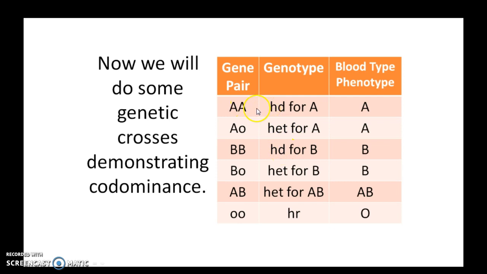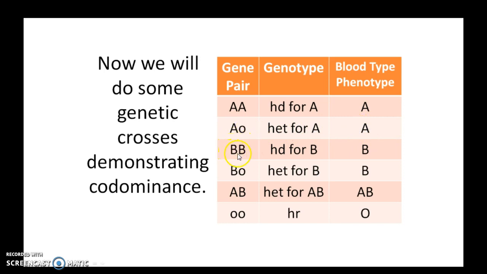So we need to make sure we're saying homozygous dominant A. So what blood type would this give us? Blood type A. This AO, this is a genotype. This would be heterozygous for A. And the blood type would be A because A is dominant over O.